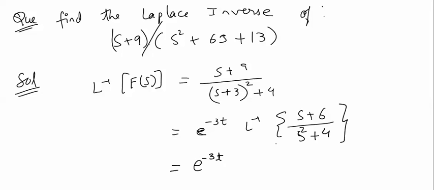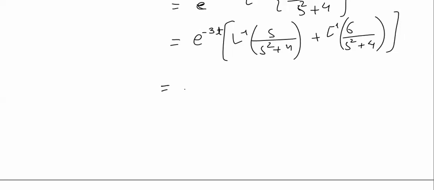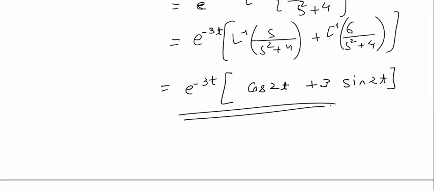You can separate this: s upon s square plus 4 plus 6 upon s square plus 4. So one will convert to cos and one will convert to sine. It will become e raised to minus 3t into cos 2t. The first part is very simple. Plus 3, you can take common, and it is 3 sine 2t. So this will become your Laplace inverse.